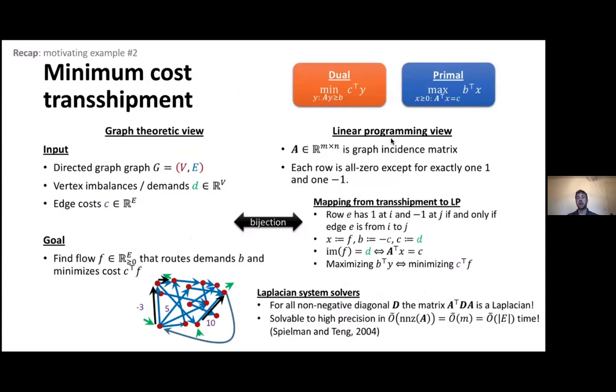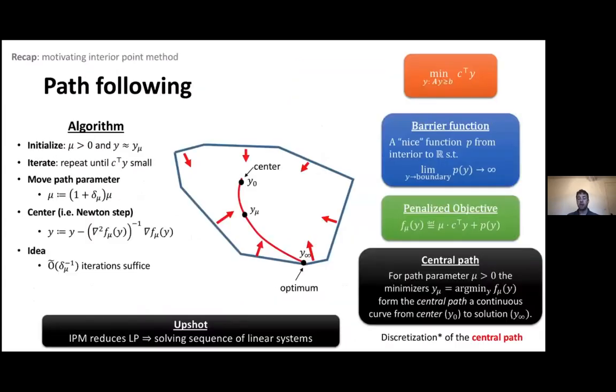We discussed how in that case, linear programs in standard form correspond to computing the best flow that routes a set of demands while the flow is non-negative and some sort of cost on the edges is minimized. Now, the way we were trying to solve these problems primarily last lecture was through path following interior point methods.